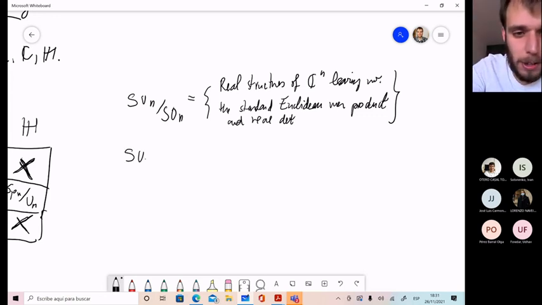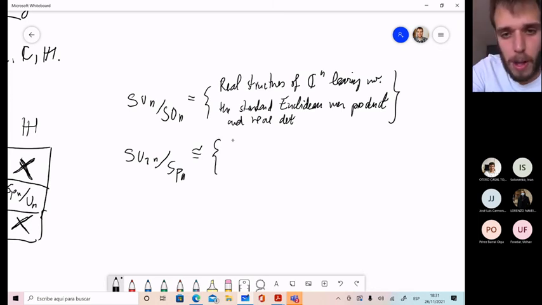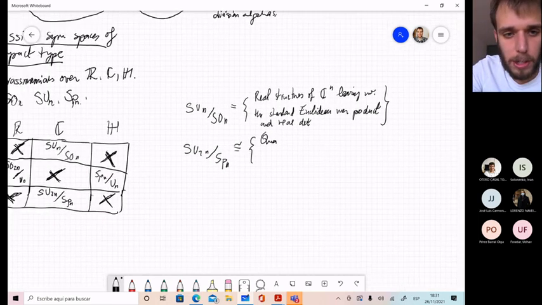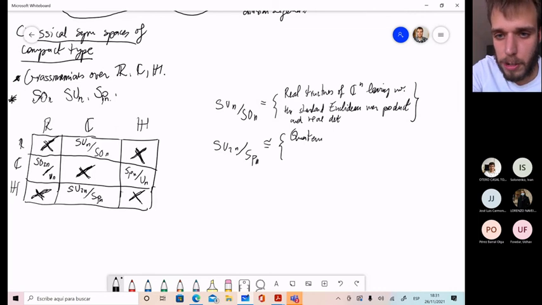Also, we have SU(2N) mod Sp(N), right? And this is now the set of quaternionic structures on C2N, preserving the Hermitian inner product.